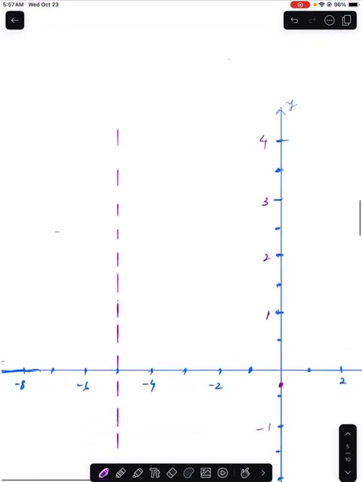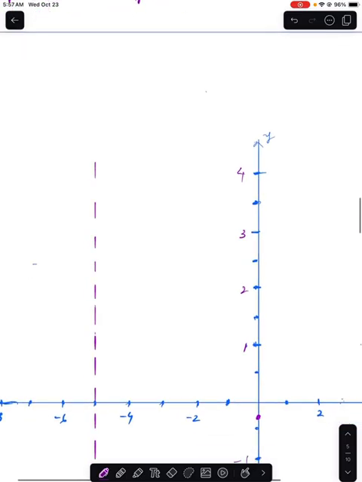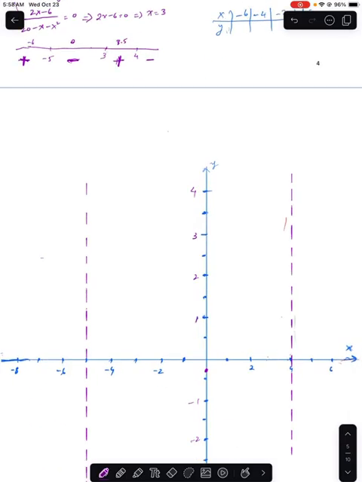I have already sketched the asymptotes, and one is at -5. We will write the equation: x is equal to -5 and x is equal to 4. And the horizontal asymptote, I didn't have enough space here to put the tick marks.